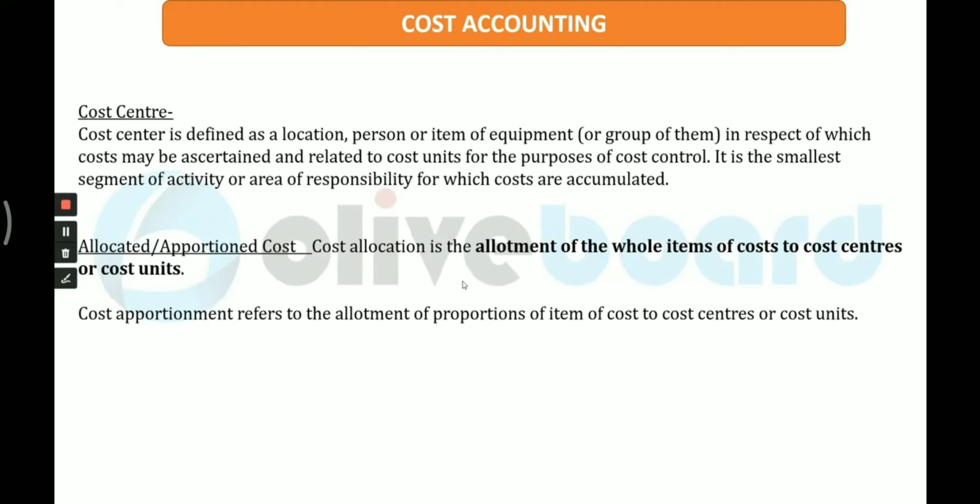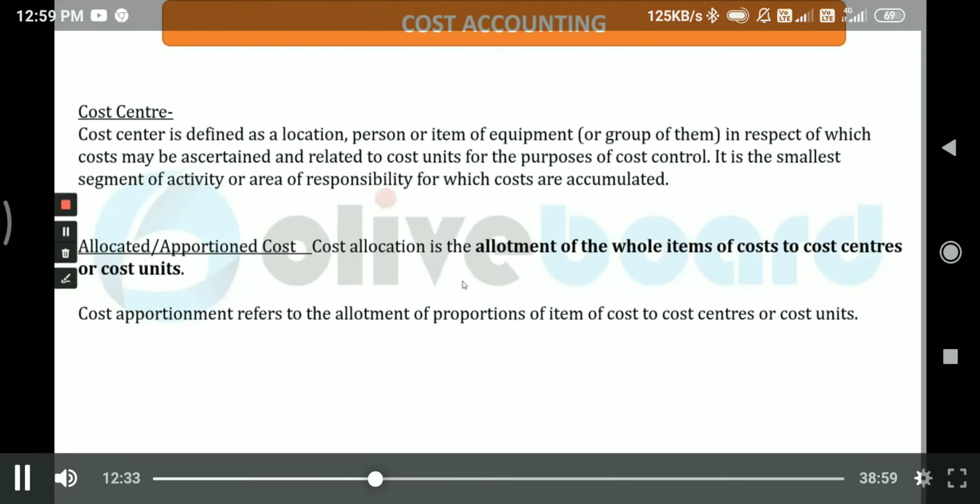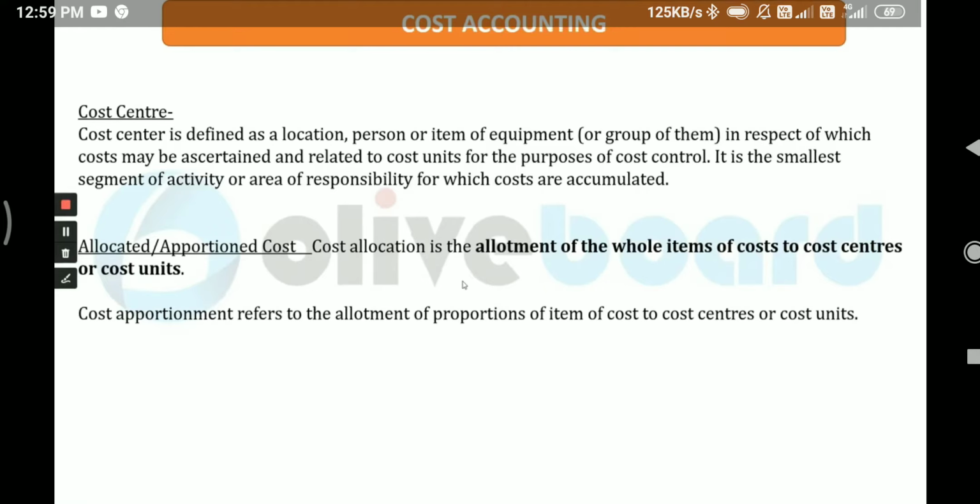Correct. So whatever expense is happening in that particular area will go and sit in that cost center. Just to analyze, suppose the management wants to know how much I spent for this Karnataka branch, then I will have a cost center called Karnataka. Then in that Karnataka, I will have all the expenses. It can be labor, it can be material, it can be advertisement, anything for that matter.